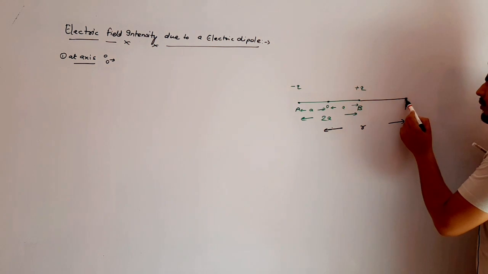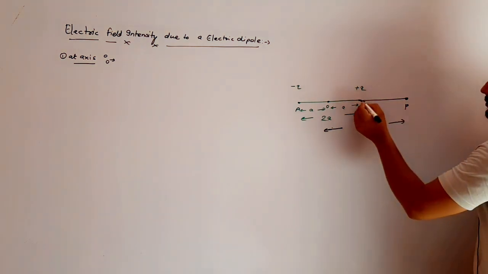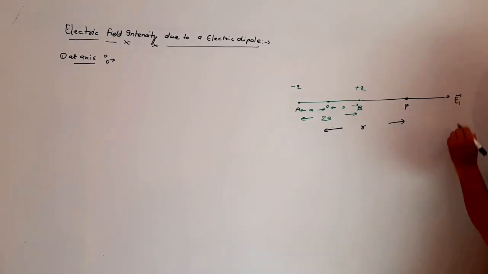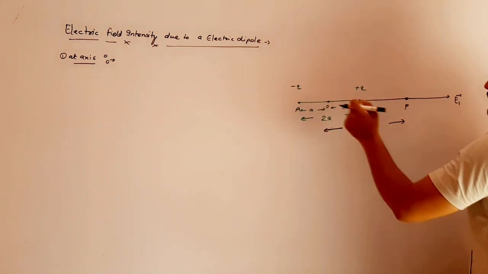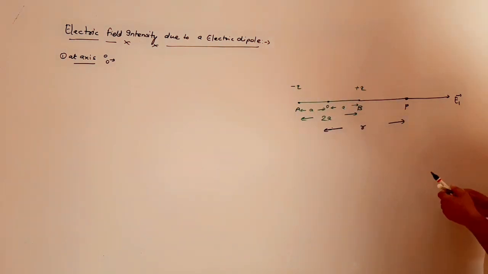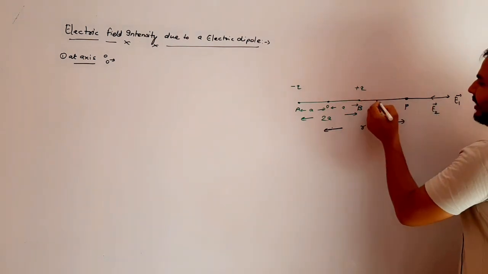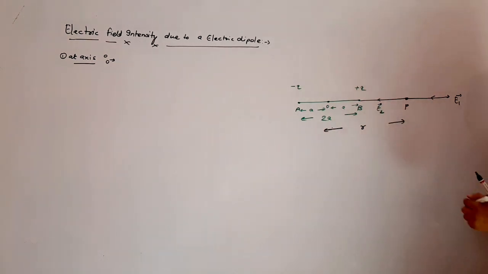Due to this, we have to calculate electric field intensity here, at point P. Then we know that due to a +q charge, the direction of electric field is E1, because the direction of electric field due to a positive charge is always outside the charges. Due to the -q charge, the direction of electric field is E2. You can show that here, E2 here. There is no problem. Clear?